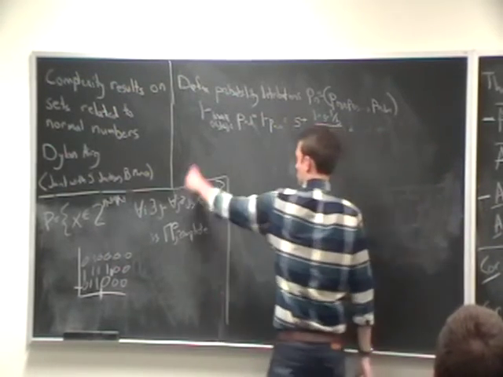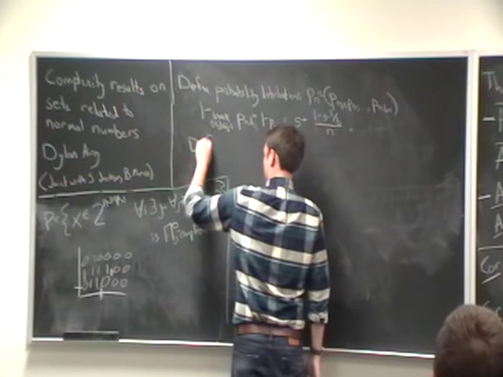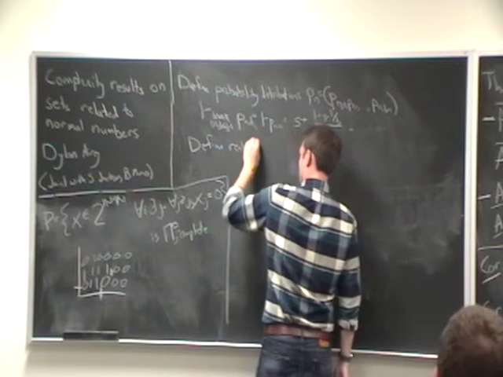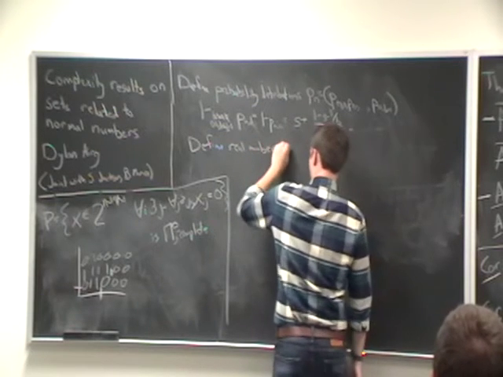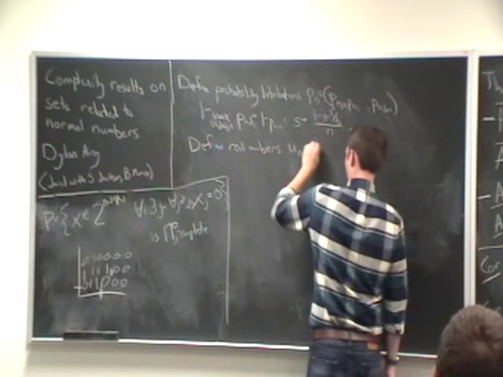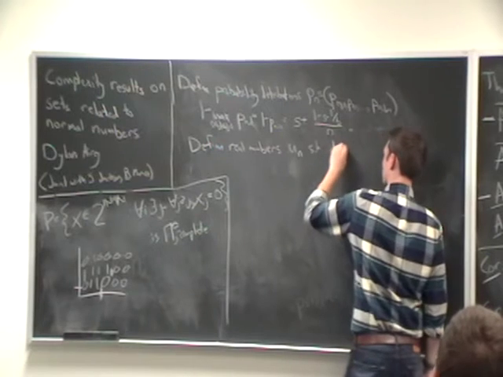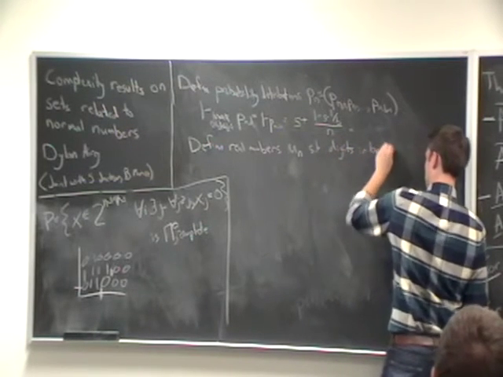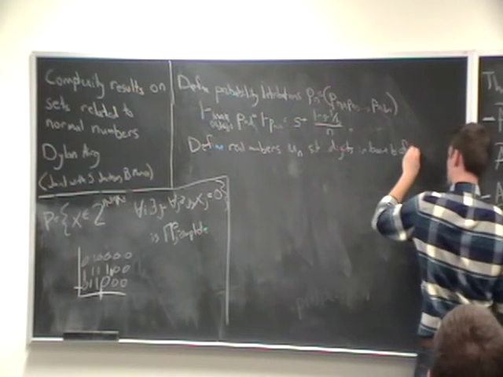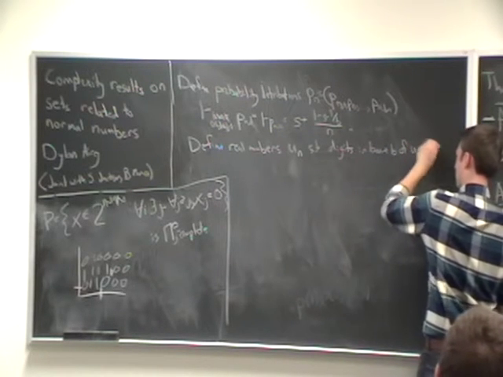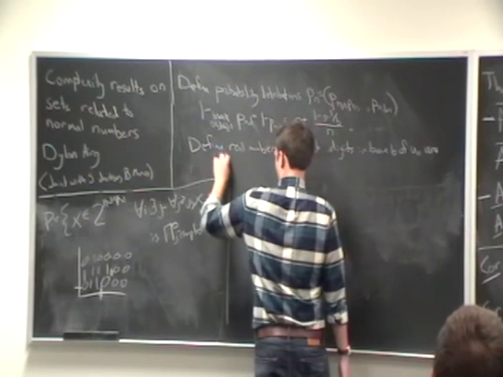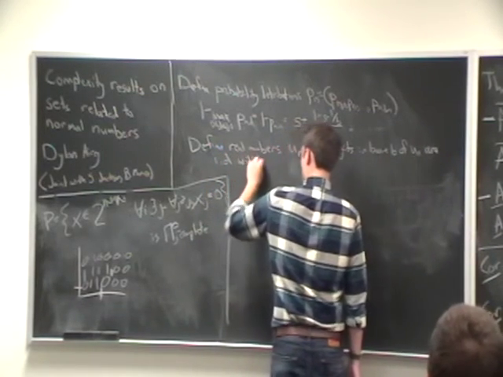So now define real numbers u sub n such that the digits in base b of u sub n are independent, identically distributed with distribution p sub n.